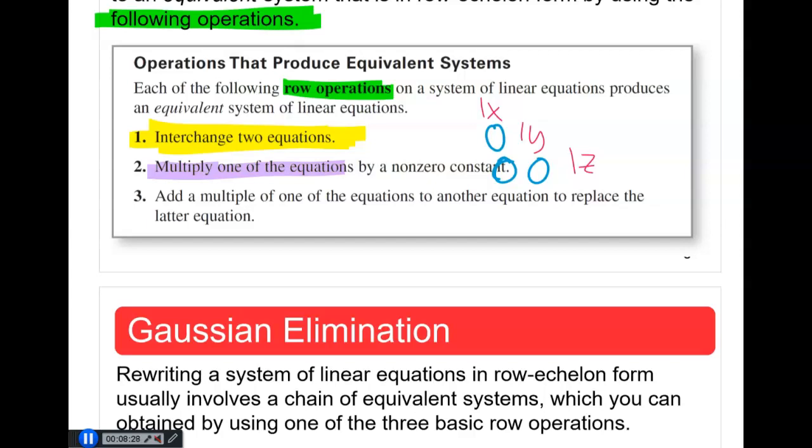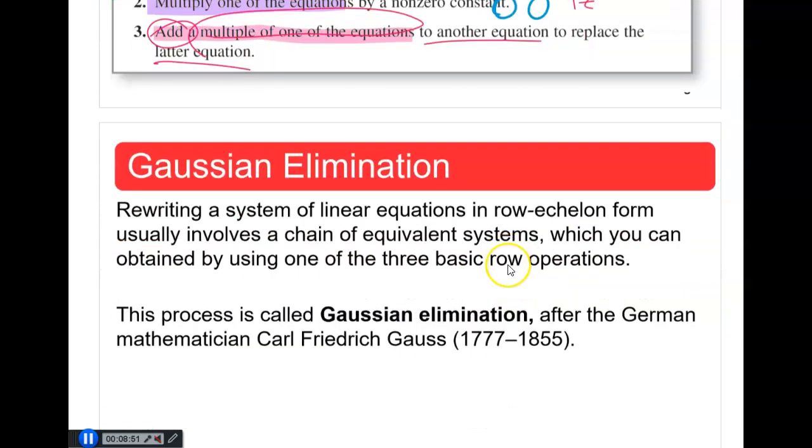And also, we are allowed to add a multiple of one equation, after we multiply it by a non-zero constant, to another equation to replace the latter equation. I know it sounds really weird, but once we do the example, it will make a little more sense.